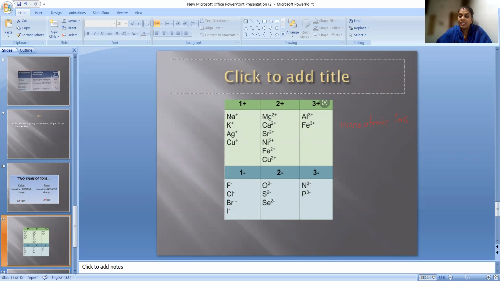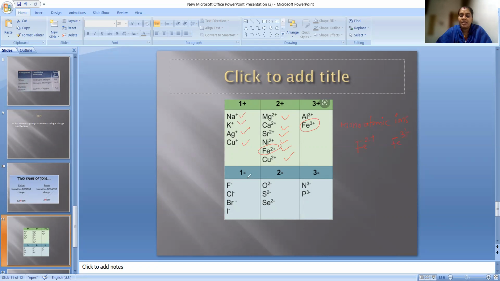We have to learn all the charges of these particular ions, because while writing the formula, we need to know that. Sodium, potassium, silver, and copper have a +1 charge. Magnesium, calcium, strontium, nickel, and copper have a 2+ charge, and aluminium and iron have, this iron is existing in 2 different forms: Fe2+ is also there, and Fe3+ is also there.